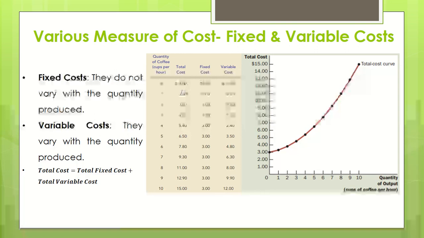If the quantity produced here is 0 initially, then the total cost is $3, as it is the sum of fixed cost, that is $3, plus variable cost, that is $0. So by adding both these costs, we can get the total cost, that is 3 plus 0 is equal to 3. So that is the total cost.